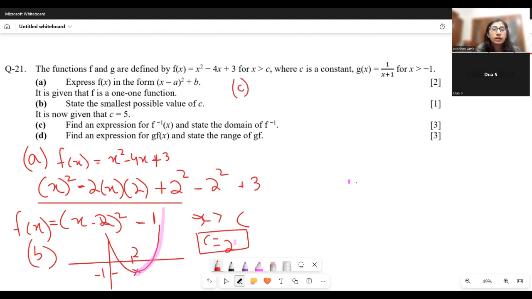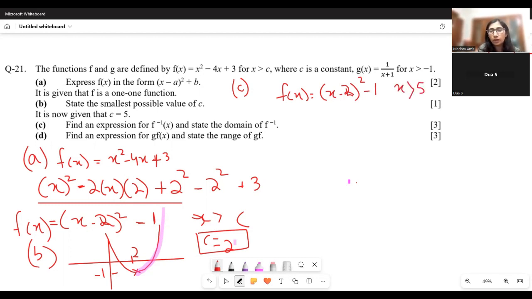Part C. It is now given that c is equal to 5. Find an expression for f inverse of x and state the domain of f inverse. So f(x) is x² − 4x + 3, which we have already put in completed square form: (x − 2)² − 1, where x is greater than 5.